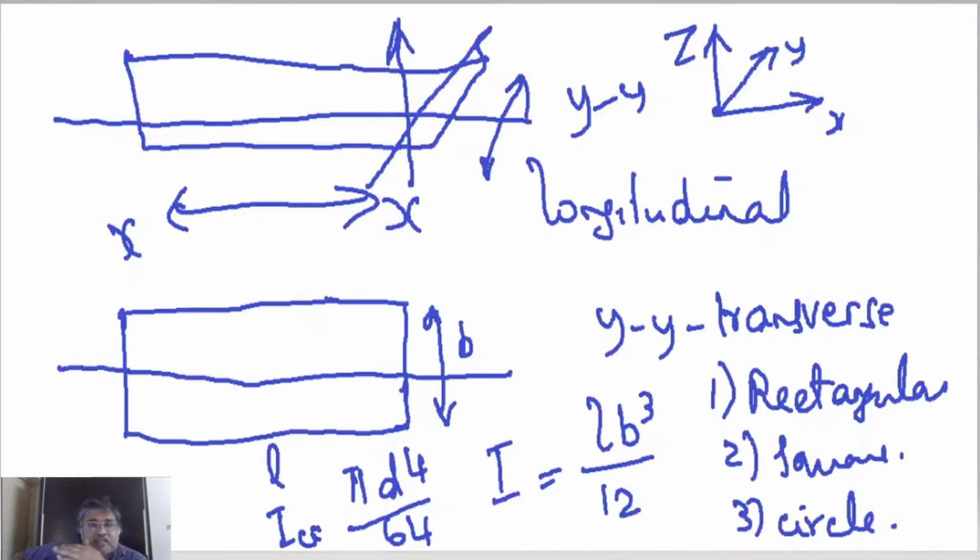Healing is about this axis, and trimming is about this axis. I'll come to that. For the time being, let it be. I'm just making you more and more confused, I think. We'll come to that in the next section.